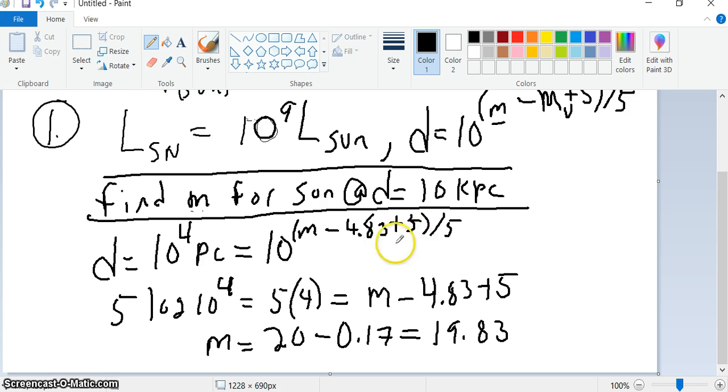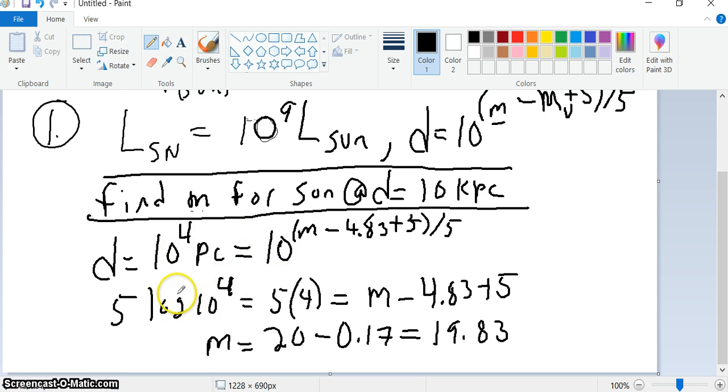So really, you just take the logarithm of both sides and multiply by 5. When you take the logarithm of 10 raised to any power, you get that power back.